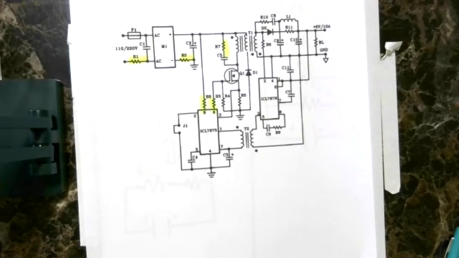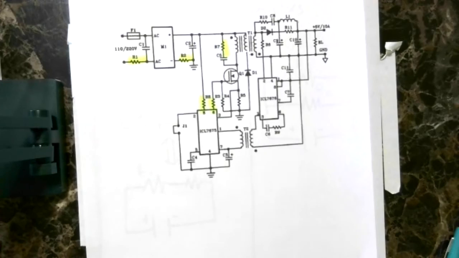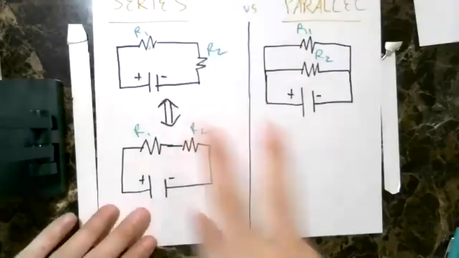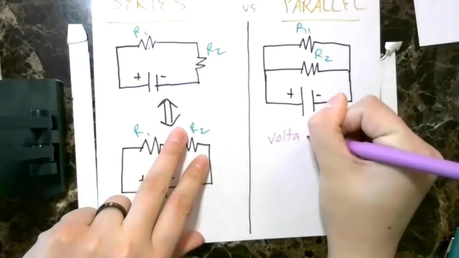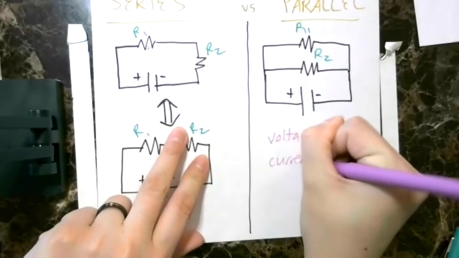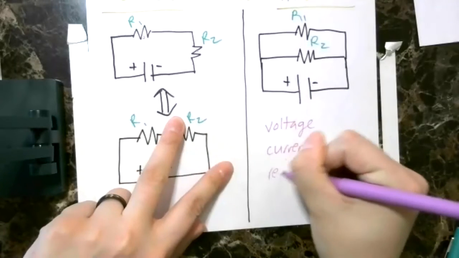Circuits are not just all in series or all in parallel. You utilize them based on what you need. Because the properties of voltage, current, and resistance.